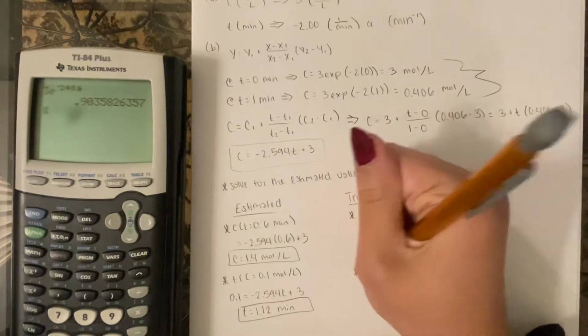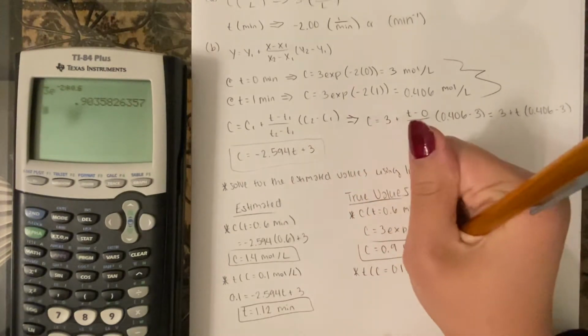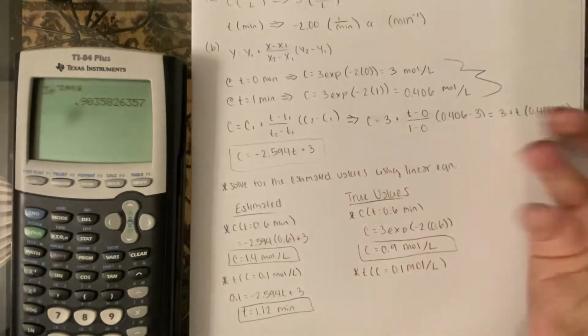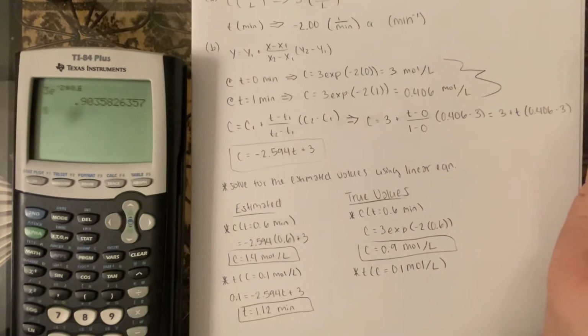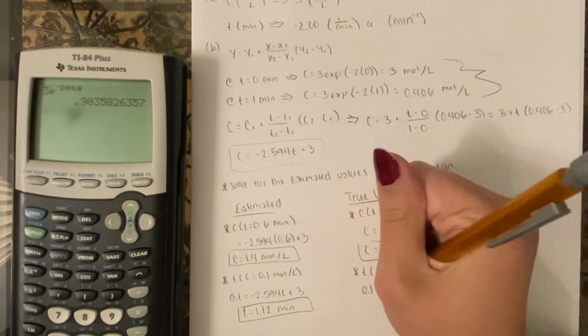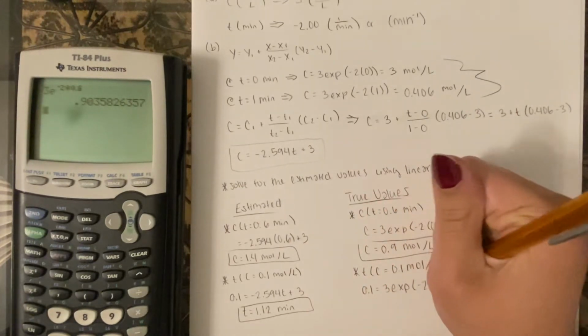And then here we are going to do time when C is equal to 0.1 moles per liter. So we're going to have 0.1 equal to 3 exponential -2t.